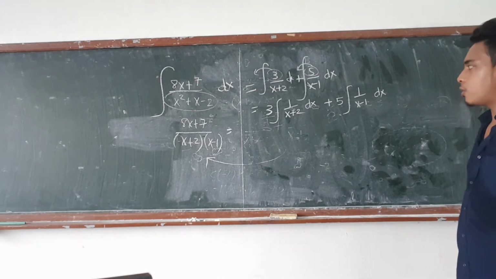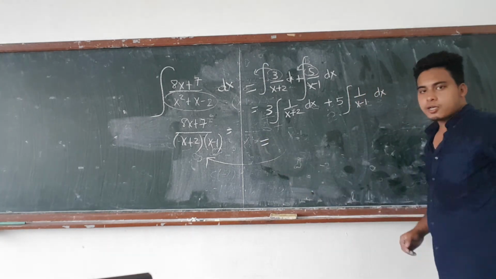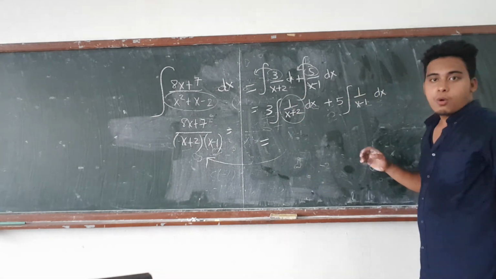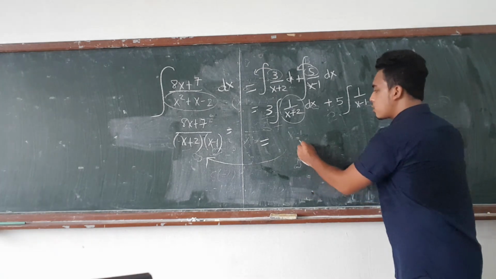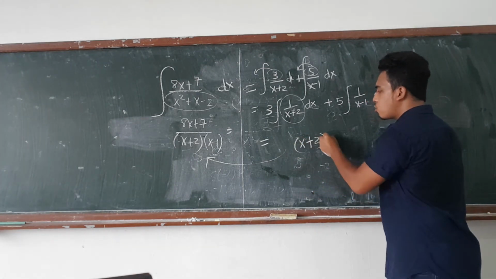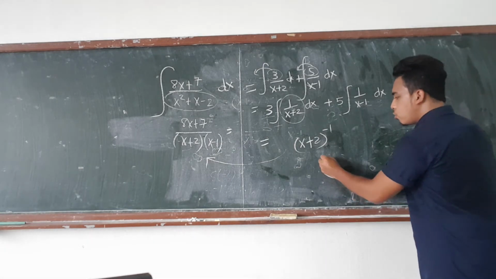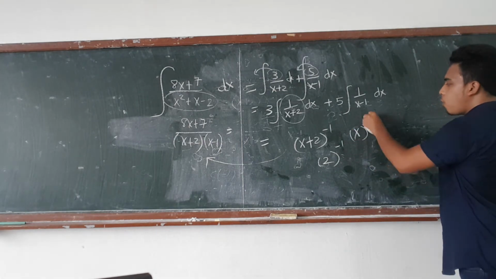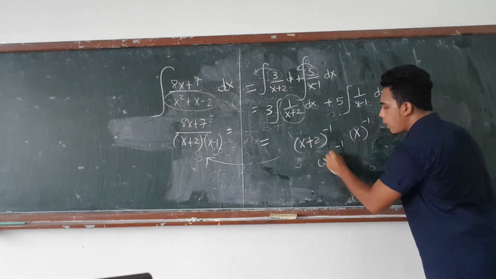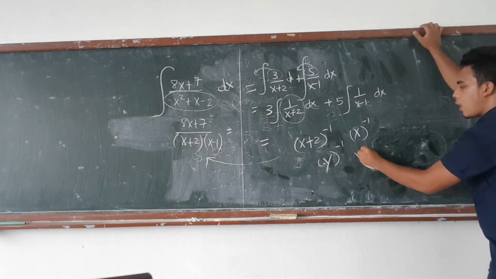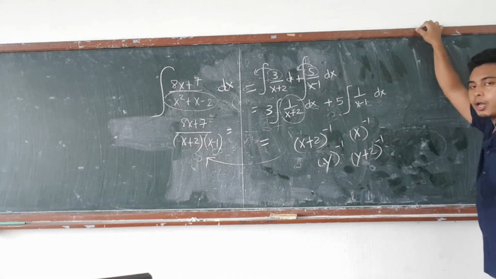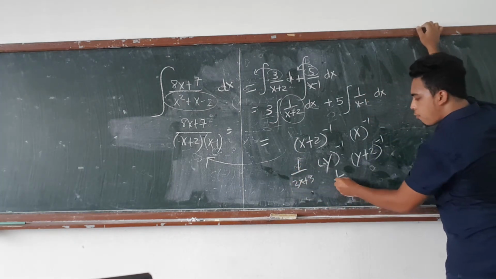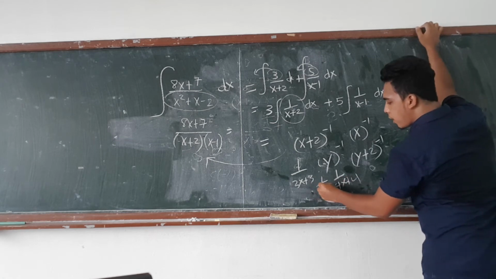So how do we integrate this? Any expression in the form of 1 over x plus 2, or x plus 2 raised to the power of negative 1, or y raised to the power of negative 1, or 1 over 3x plus 3, 1 over 4x plus 4, we integrate through the natural log, ln of x plus 2.